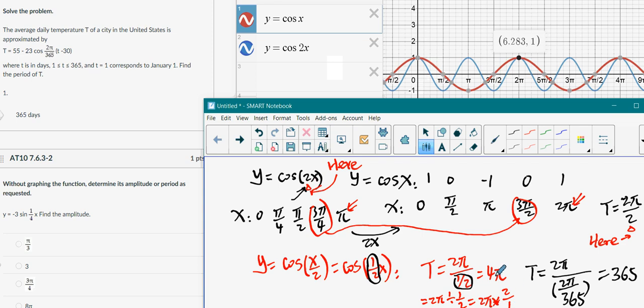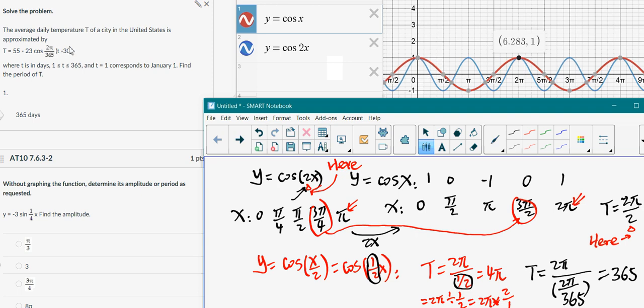Okay, so then go back to this problem. Here we have t minus 30. Right now we do not want to consider the meaning of the minus 30.